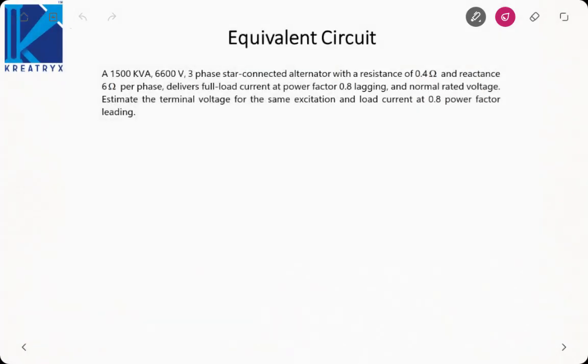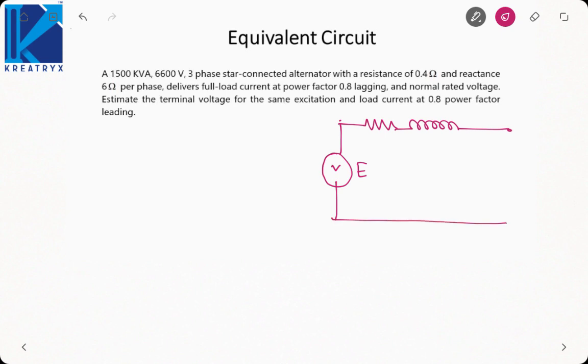The next type of problem is based on the basic equivalent circuit of a synchronous machine. So what is this equivalent circuit? This is our EMF, this is RA, XS, VT, and this one is IA.